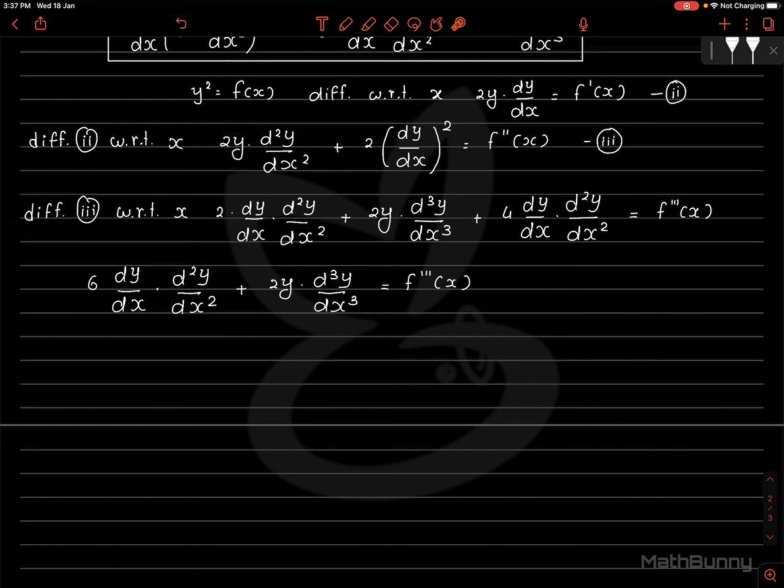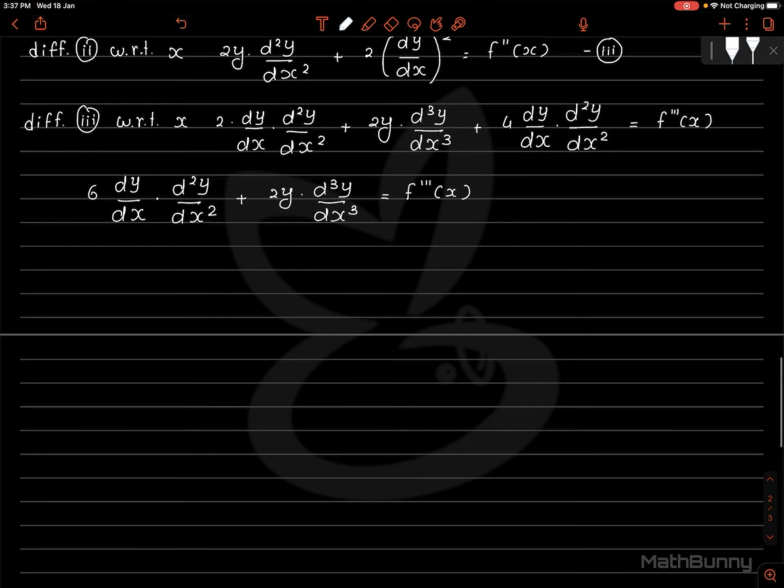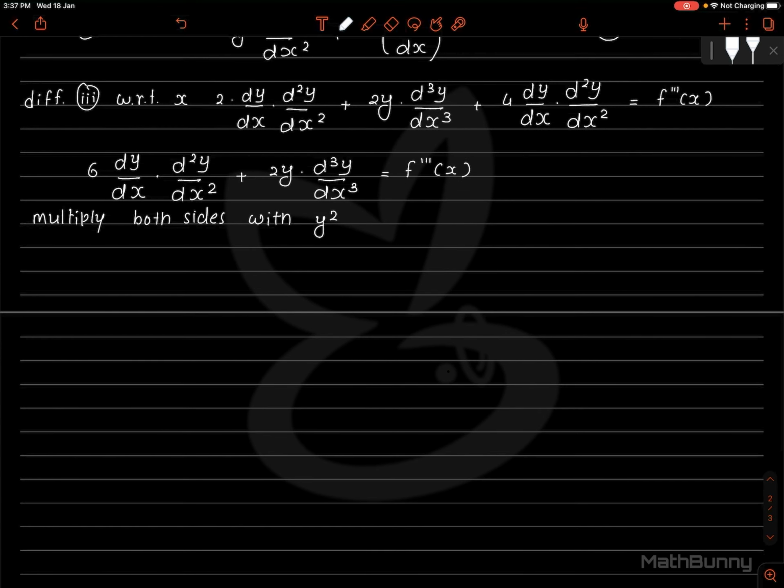So we can multiply both the sides with y square, and dividing both sides with 2.